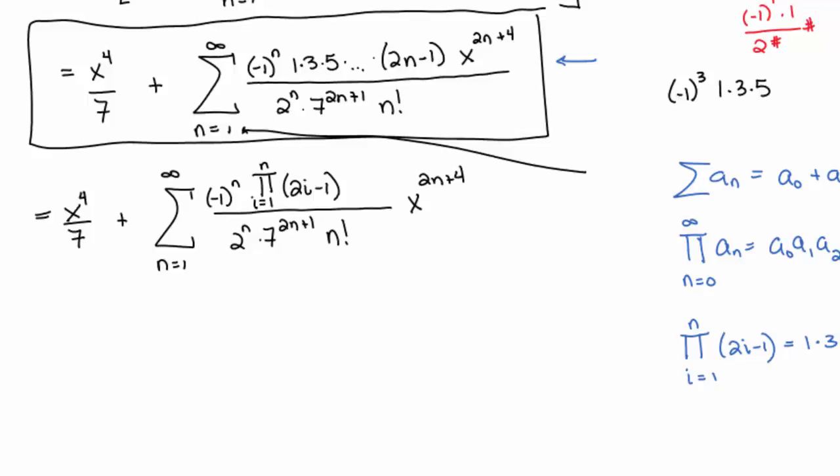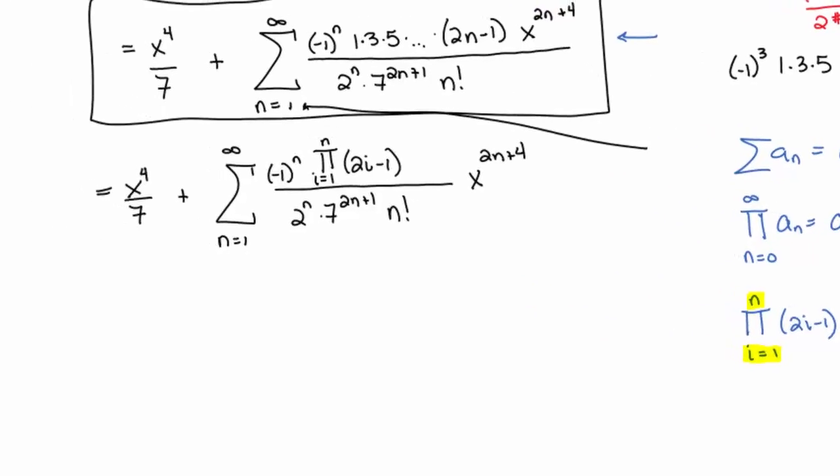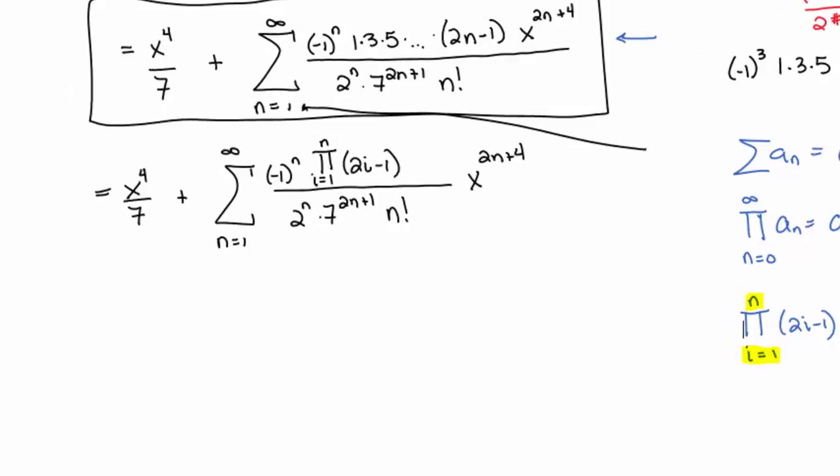So I start always at 1, at the first odd number, and I stop at whatever n I'm currently at, that odd number. And so that's why we use this notation. Let me showcase that the product always starts at 1. You're always starting at the first odd number, and you're ending at whatever nth odd number you want to end at. And that's why you need the different index. Anyhow, so this is an alternative way of writing this problem.